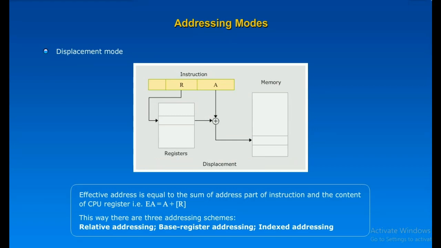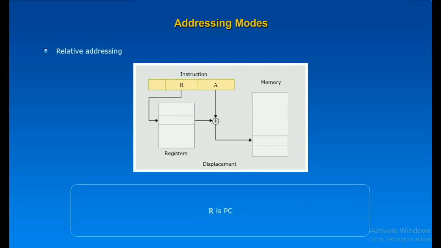This way, there are three addressing schemes: relative addressing, base register addressing, and indexed addressing. In relative addressing, R is PC, that is, the program counter's content is added to A to get the effective address EA. The resulting address is relative to the address in PC.